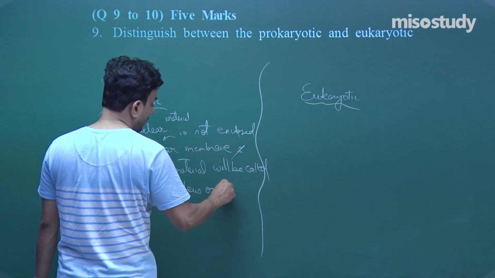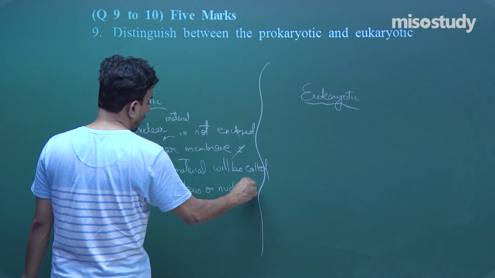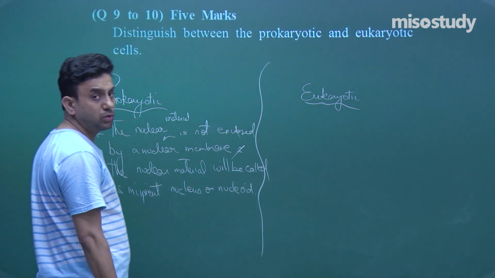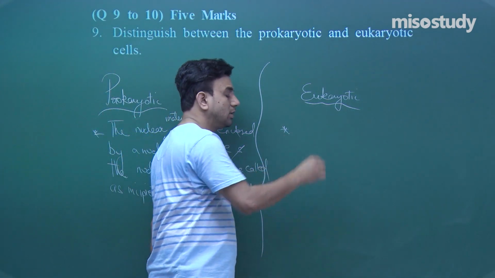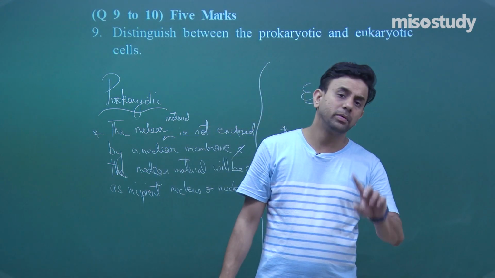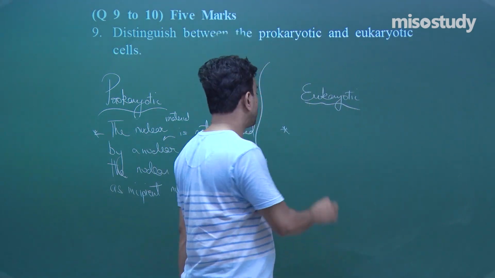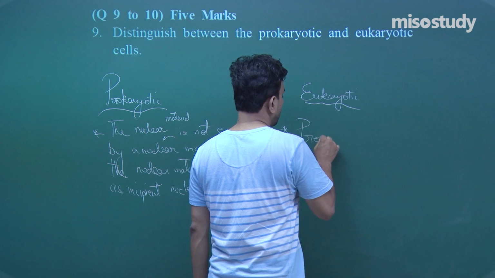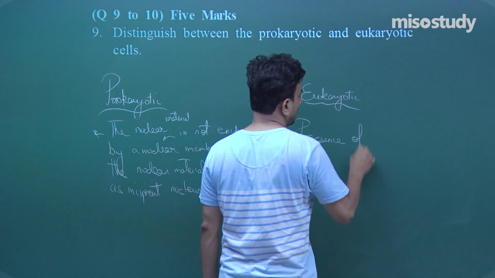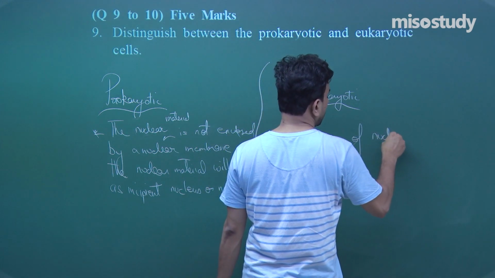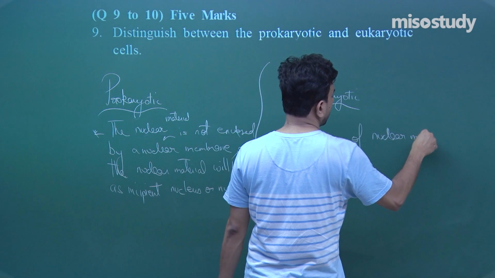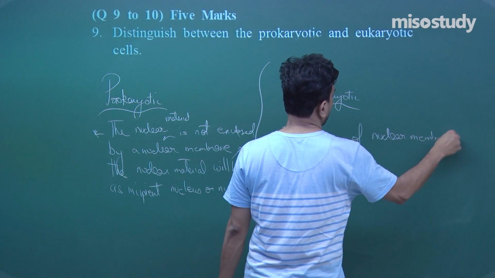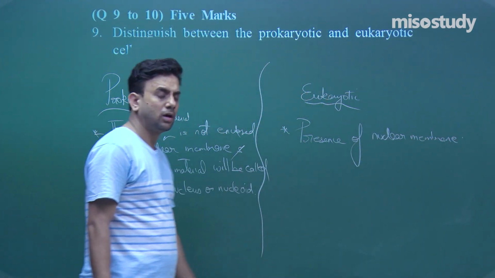However, in the eukaryotic cell we will see that the nuclear material will be enclosed by a proper nuclear membrane, presence of nuclear membrane, right.